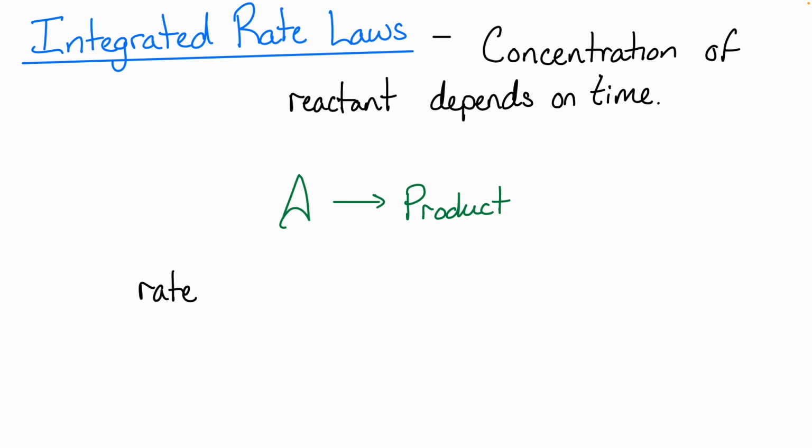The rate of that reaction, if we remember back to when we were first talking about this, is related to the rate of consumption of A, i.e. the change in the concentration of A over a change in time. And if A is a reactant, and I always need this to be a positive number, I'm going to throw a negative sign in front of it here.